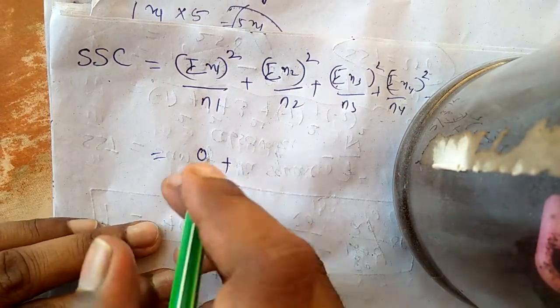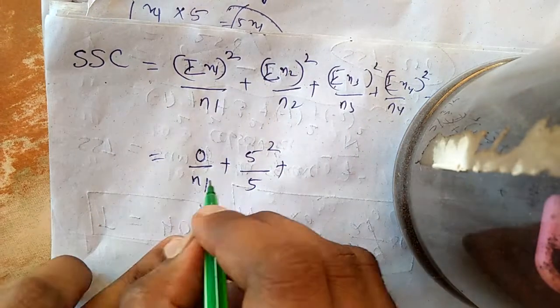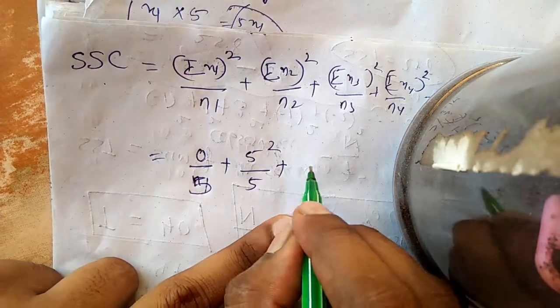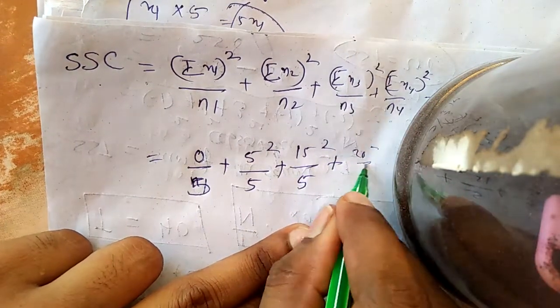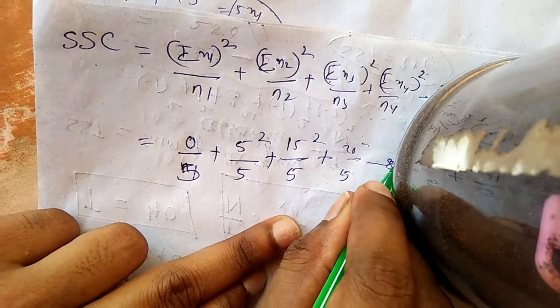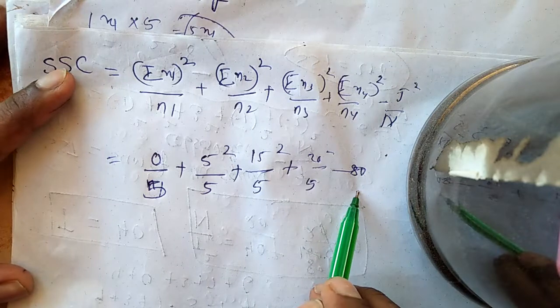So 0 by n1 plus 5 square by 5 plus 15 square by 5 plus 20 square by 5 minus 80. You know, T square by N is 80.